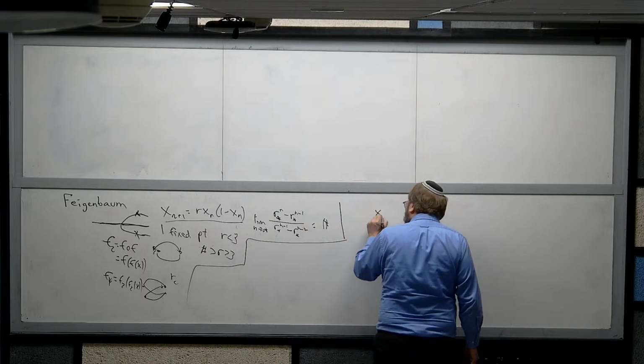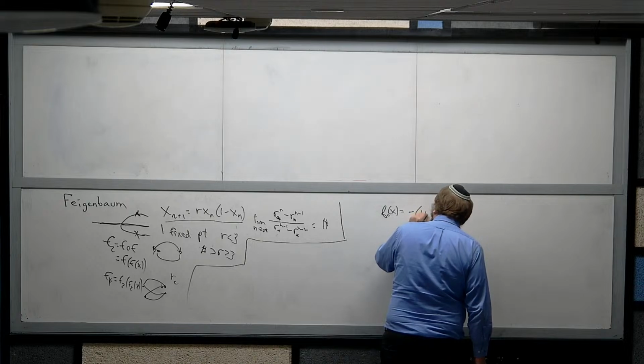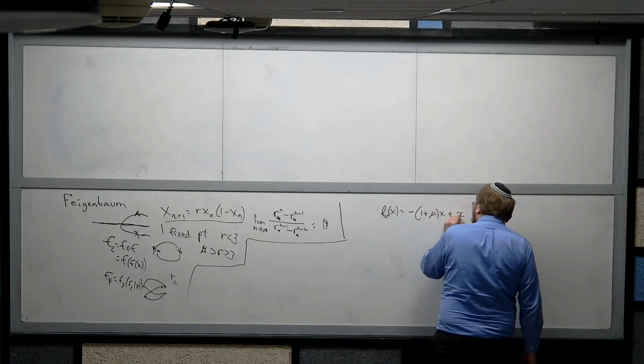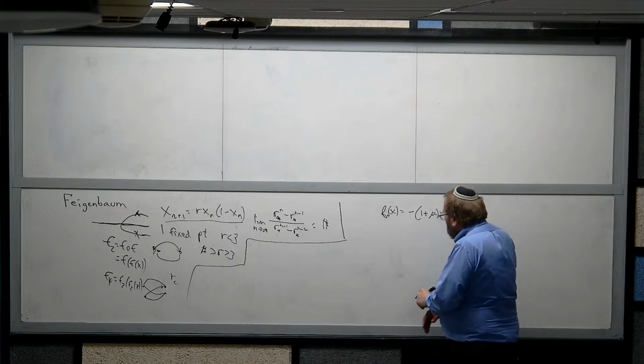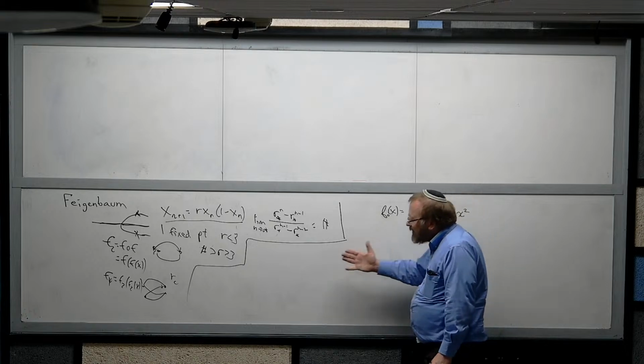We're going to write x_(n+1) equals f of x, we'll call it f0 of x, is minus (1 plus mu) times x plus x squared. All right, that's okay. So it's the same quadratic, so it's the same thing.